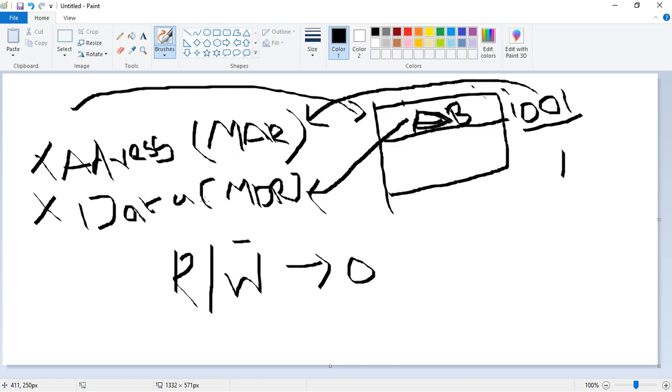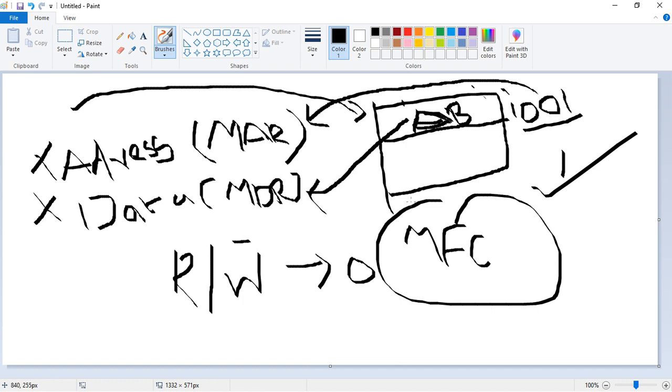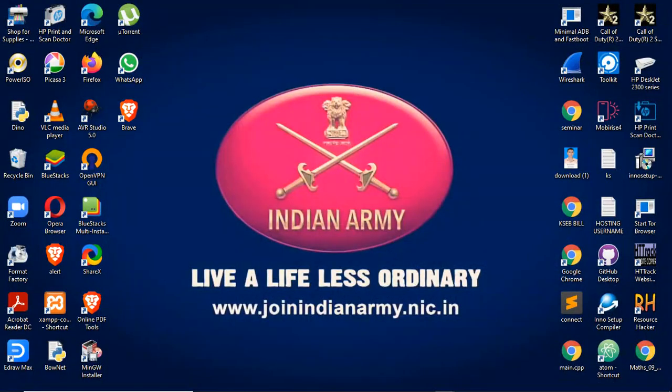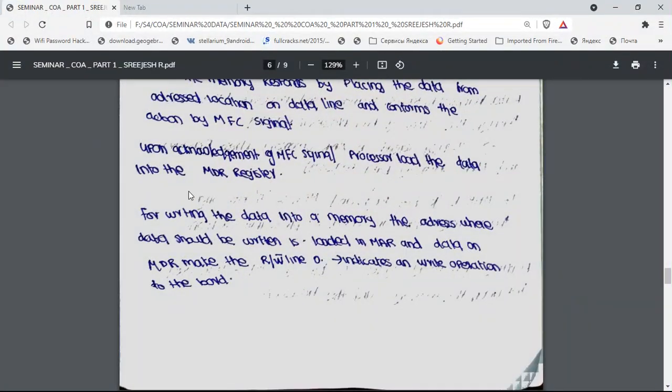That place will be rewritten by the MDR. That will happen only when the MFC signal is acknowledged. Here too there will be an MFC signal. MFC signal acknowledged means the data in the MDR register has gone to the memory where the MAR is pointing. So this is what happens here.